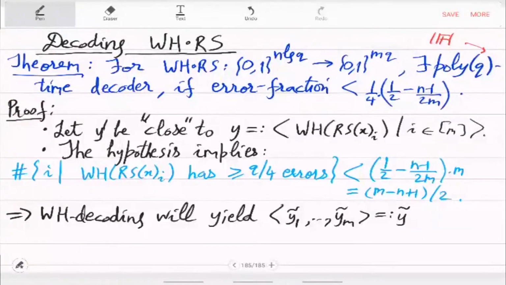So locally you have decoded using the WH decoder, and more than half of these are correct values. You will not know this, but it's a guarantee that the WH decoder gives you.